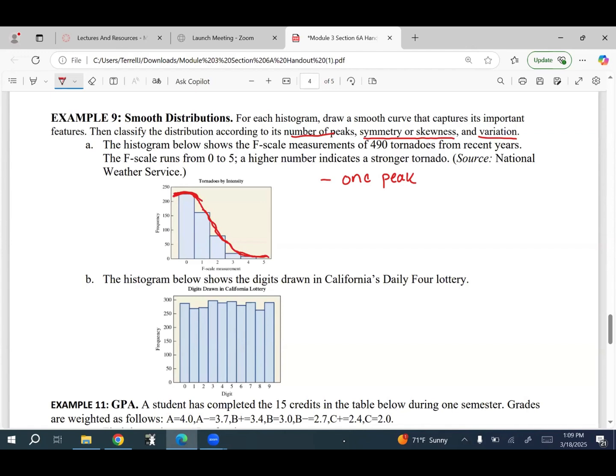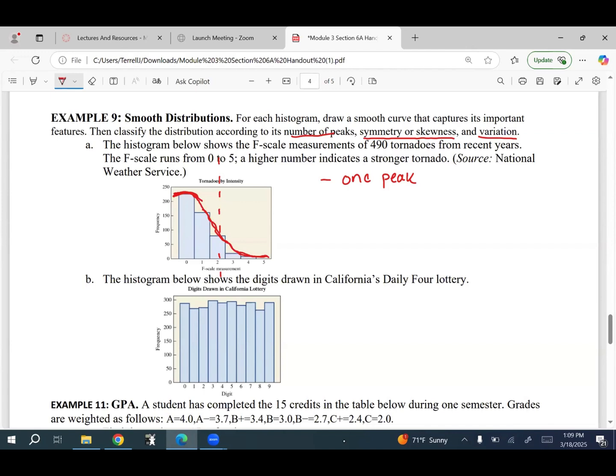Symmetry or skewness. Well, symmetrical would mean if I drew a line on the center, the left and right sides would match up. That's not the case here. I do see the majority of the data is on one side, so this indicates to me that there's some skewness here.